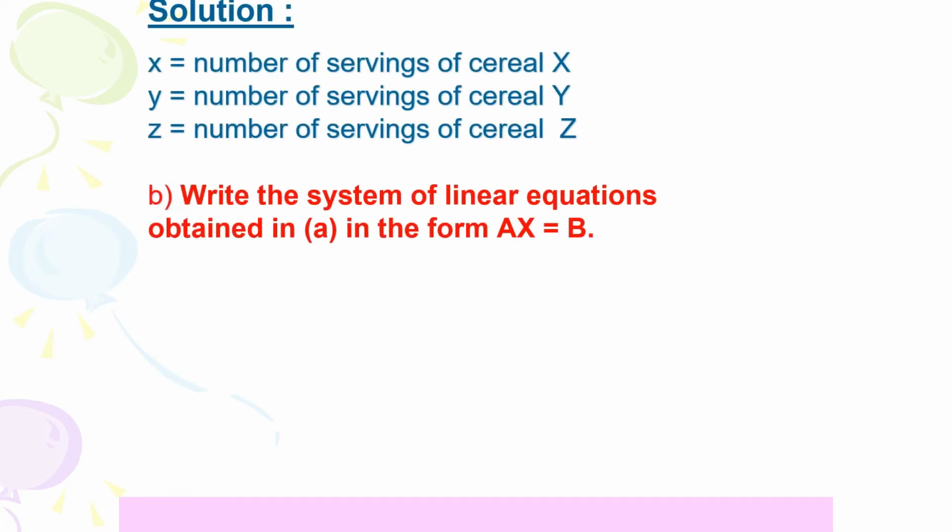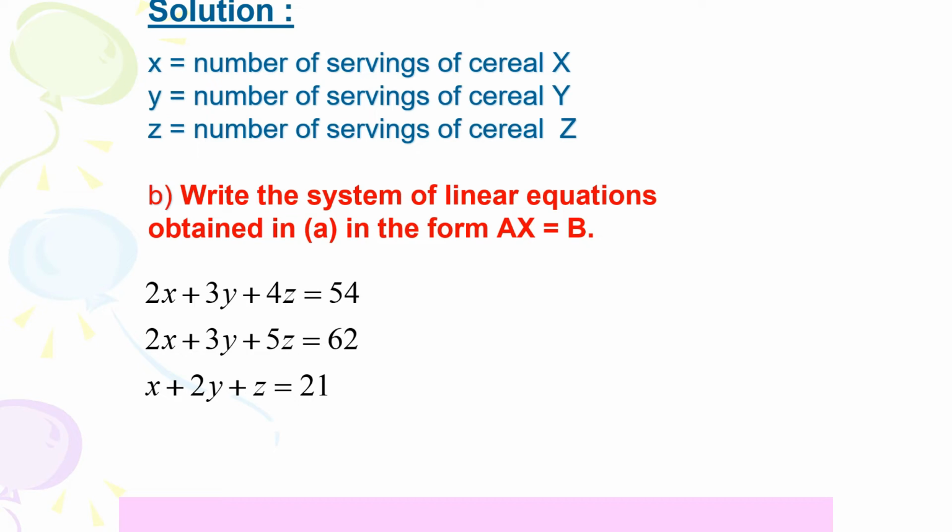Then question B asks us to write in the form of AX = B. On the left hand side, the linear system consists of 3 equations and 3 variables.